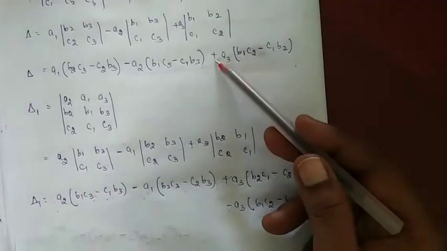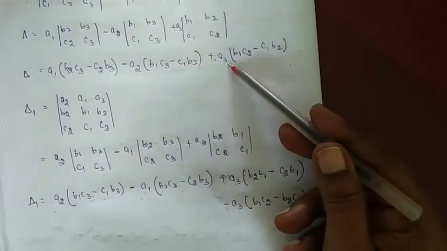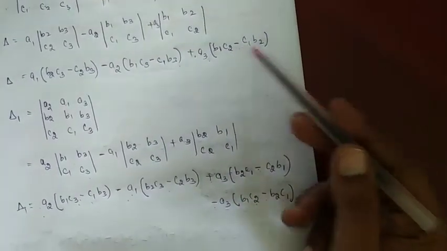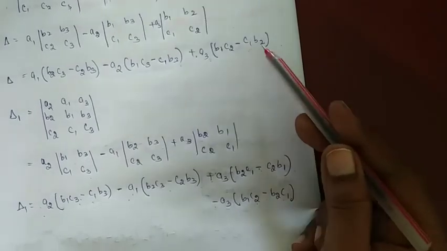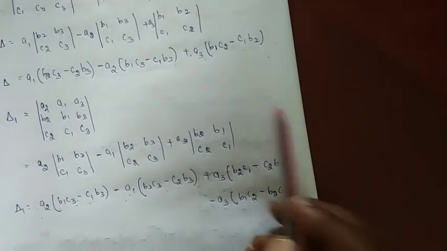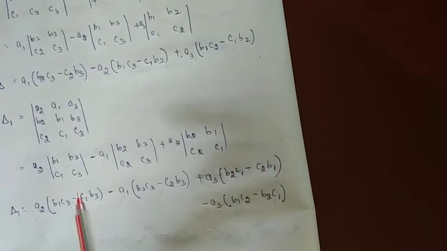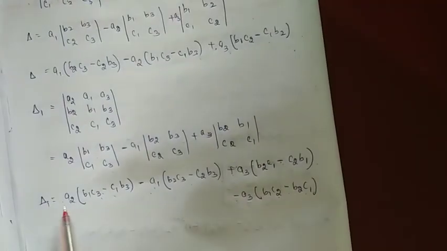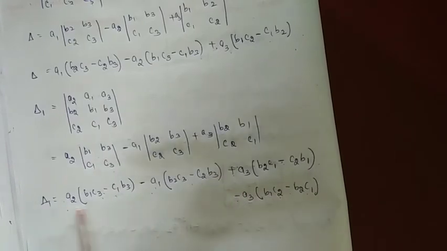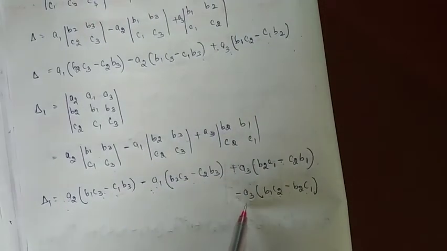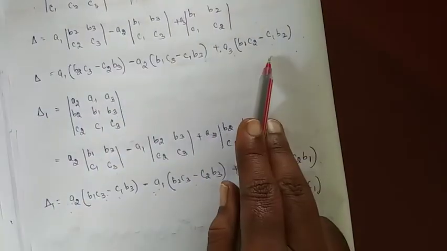Now compare these two, plus here minus a3, plus a3 b1 c2 minus b2 c1. Now for this and this, only one thing is extra, that is minus sign. If I multiply throughout with the minus sign, a2 becomes minus, a1 becomes plus and a3 becomes plus, and we will get the same thing.